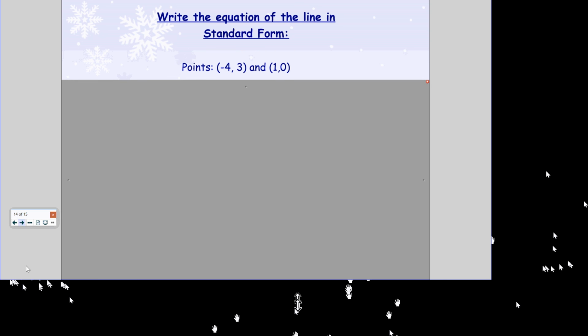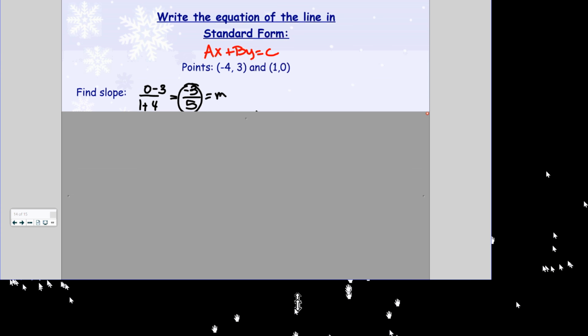Okay, and for this next one, very similar. I'll let you go ahead and work through this one. We're given the points (-4, 3) and (1, 0). 2 points. We want to end again in standard form. Take a moment, find your slope, set up point slope, and transform. Click pause. When you're ready to check, click play.